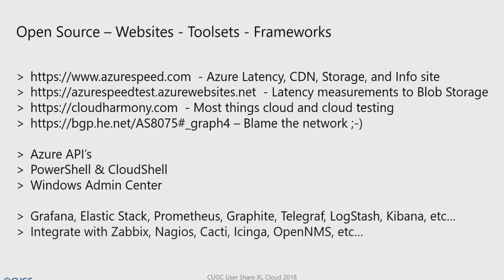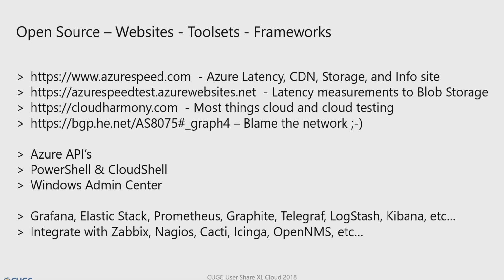And finally, we have the open source. Now, I don't know if any of you do current monitoring or log shipping or SNMP or alerting out of open source. If you have your own third-party tool, if you use Loggly or you use LogicMonitor, I don't know what you use, okay? But there are some open source products that you can use as well to create some really cool monitoring, analytics, alerting dashboards and solutions around Azure data.